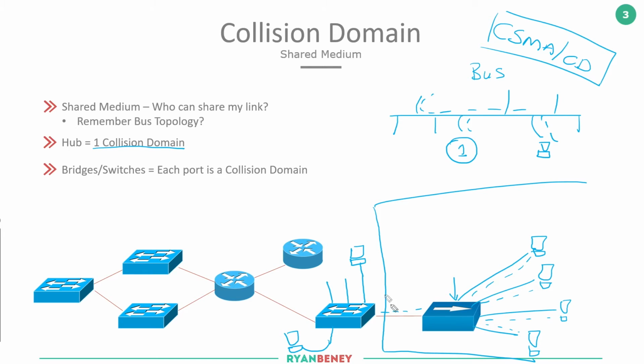So we consider every port on a switch its own collision domain. The same is true with the routers. Not only do routers break up the broadcast, but they also offer a collision domain per port.